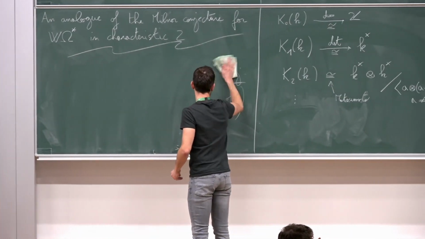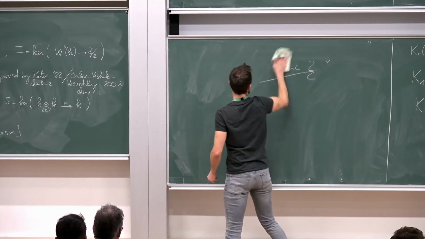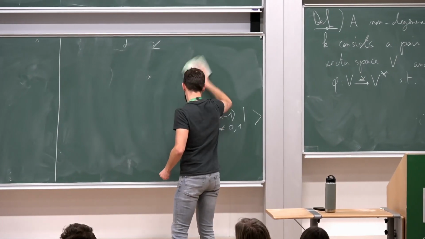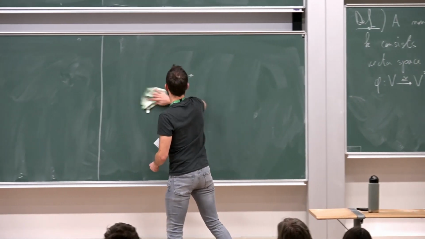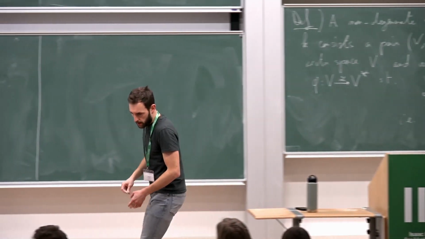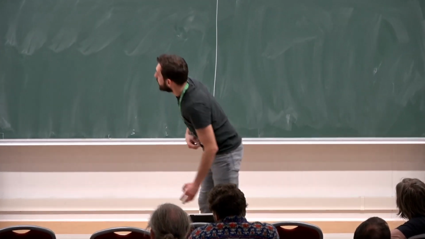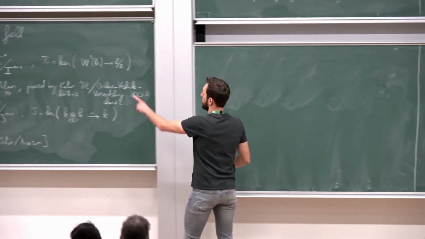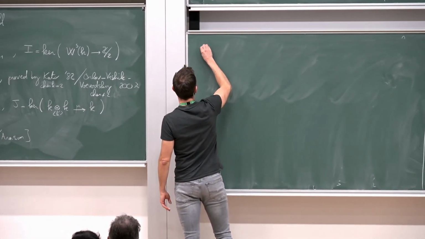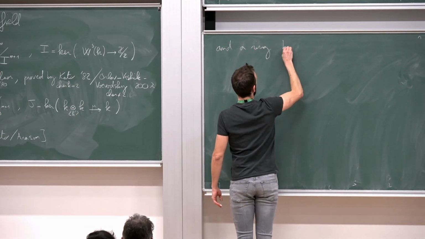The Witt group is in fact a group, but also a ring under the tensor product.